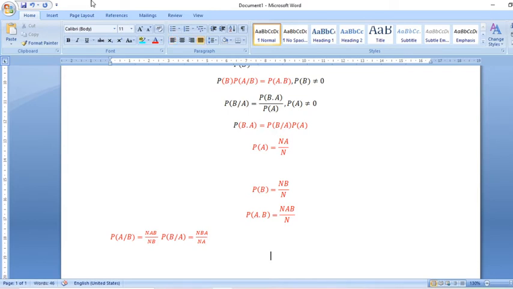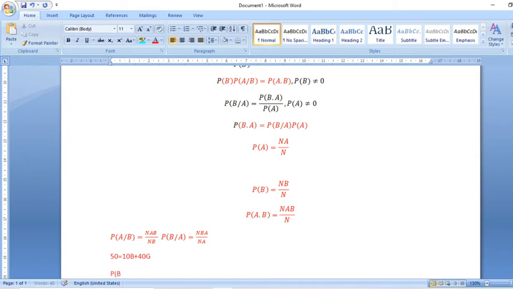For example, suppose there are 50 students in your class, out of which 10 are boys and 40 are girls. So what is the probability of boy?